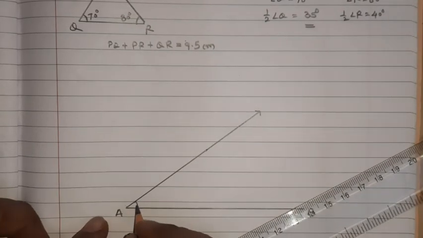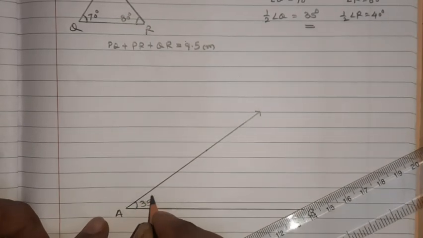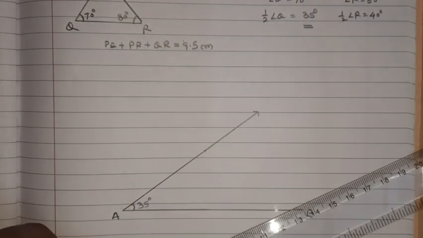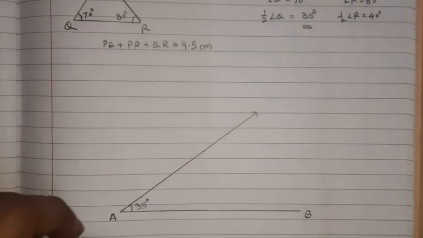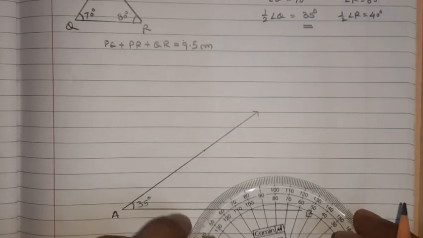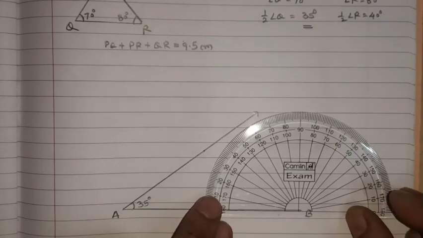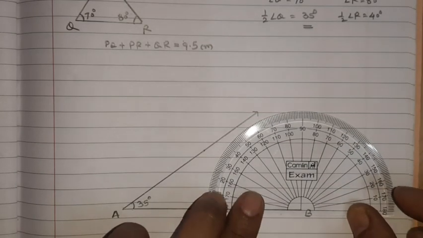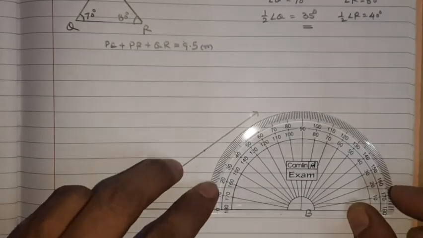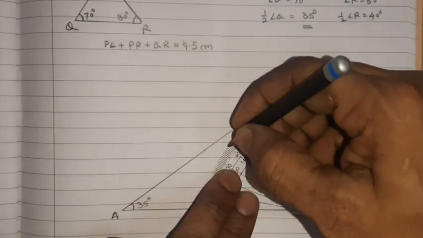This is angle 35. Then at the point B, we have to make the angle of 40 degree. It is 0, 10, 20, 30 and this is 40.